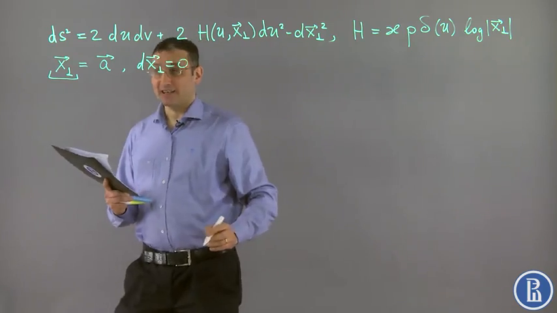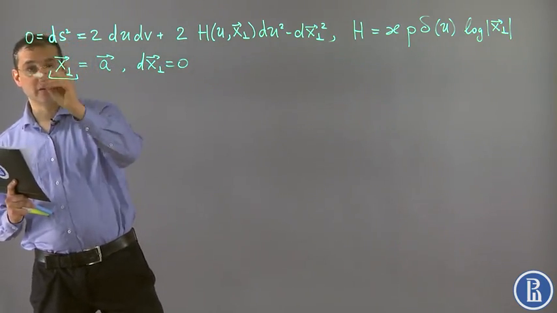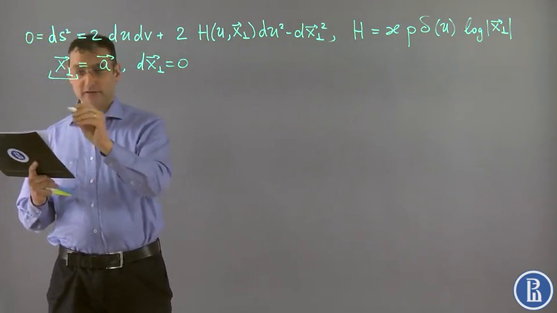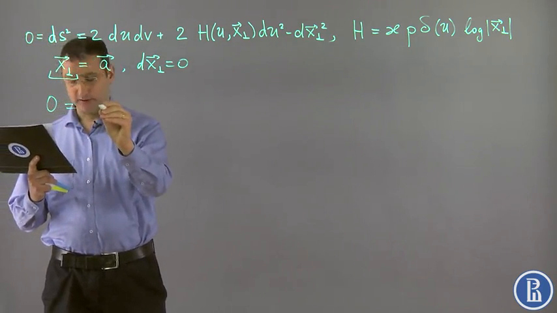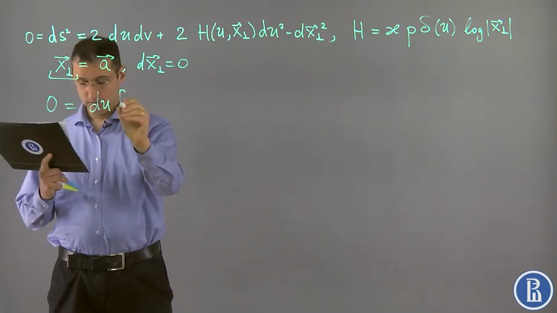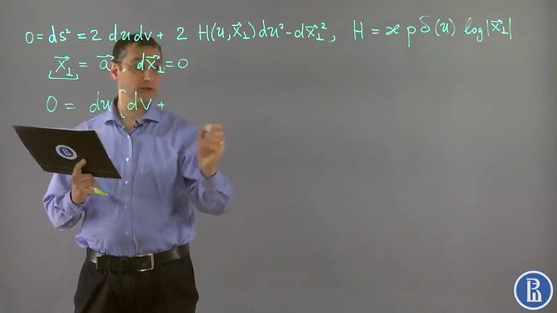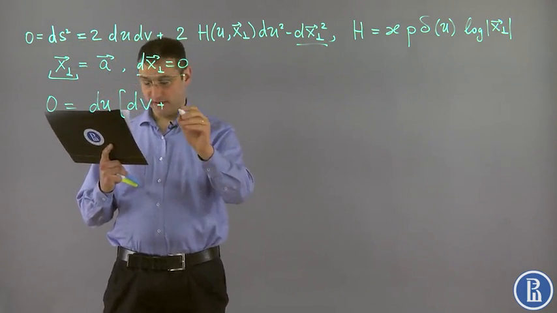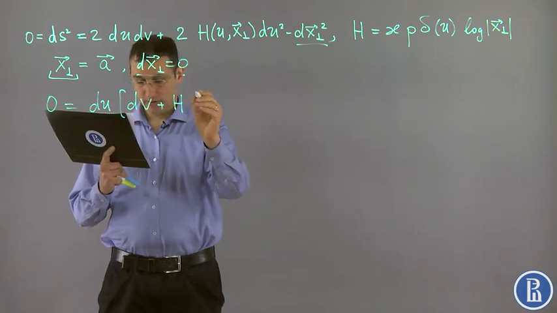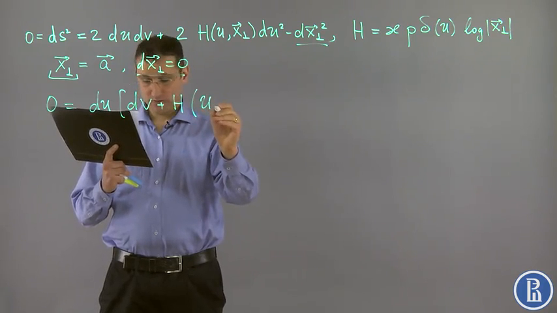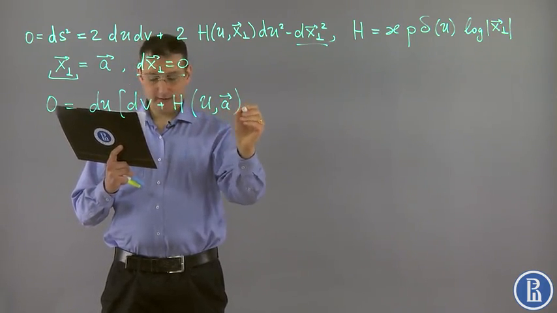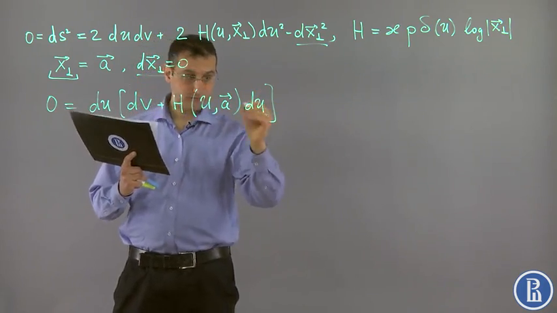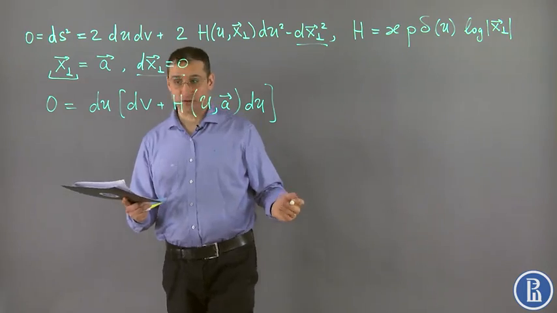Because it's light-like, ds squared is equal to 0 for the light-like particle, and as a result we obtain the following equation: du dv for such a geodesic, because this path is fixed, du plus dv h of u of a times du. So we have two types of geodesics.